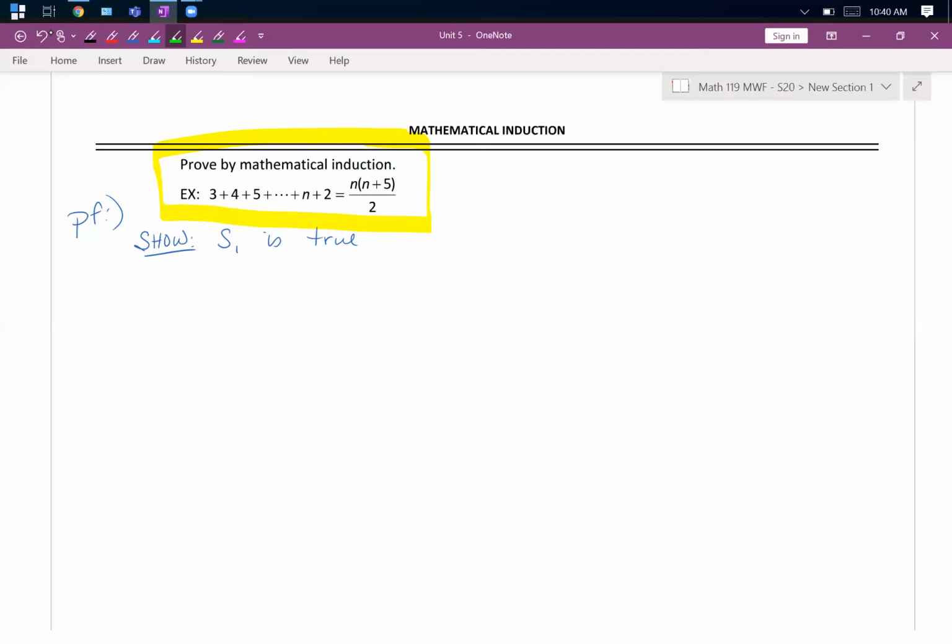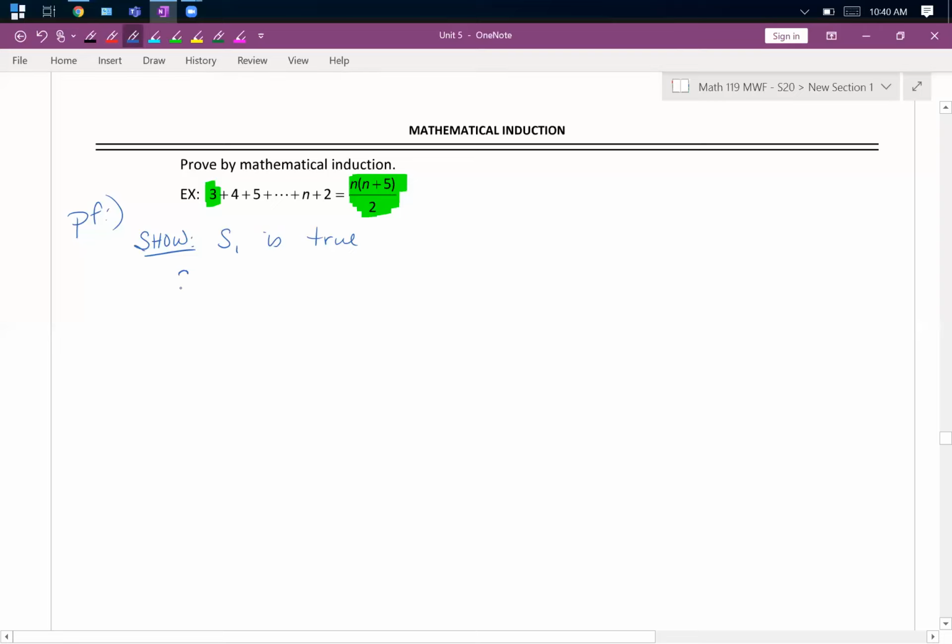All right, so we're showing that S sub 1 is true. All I'm going to do is plug 1 into this formula here and make sure that I get 3. And I do. Great.